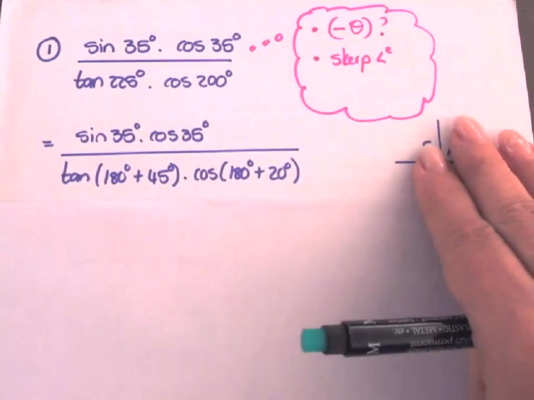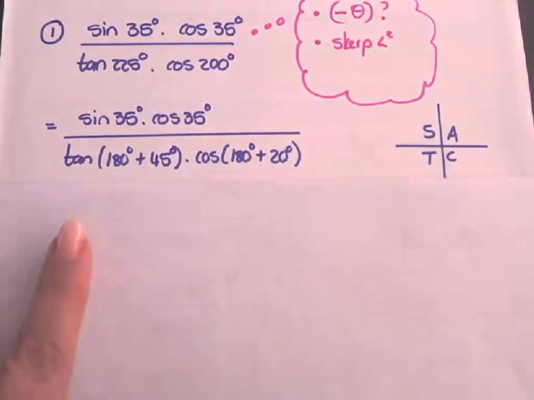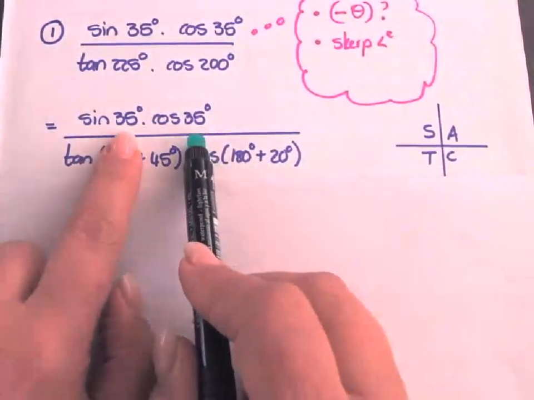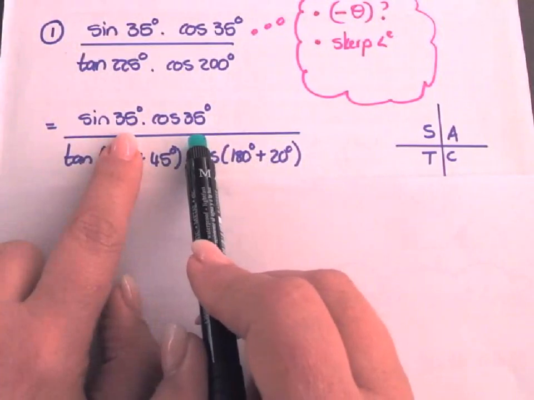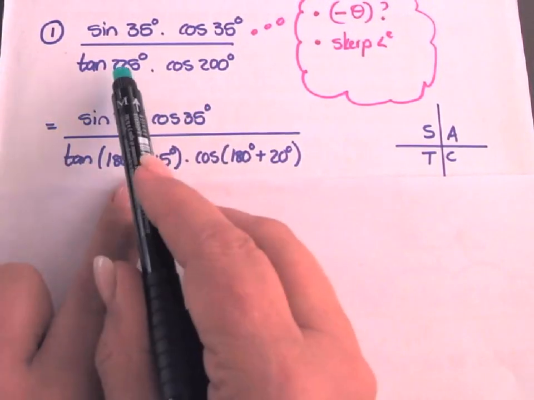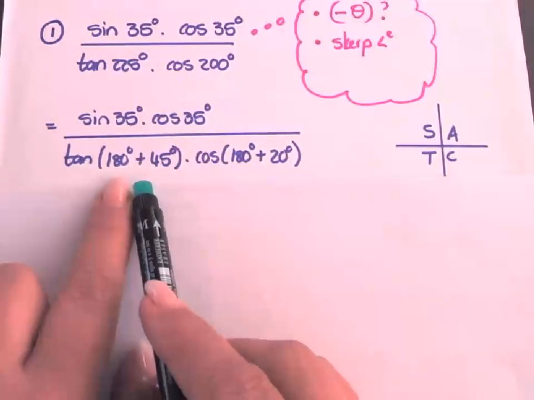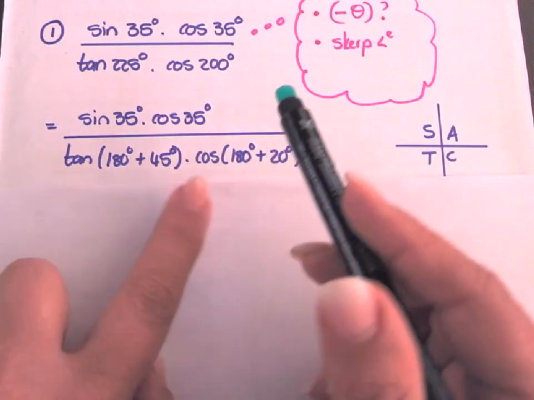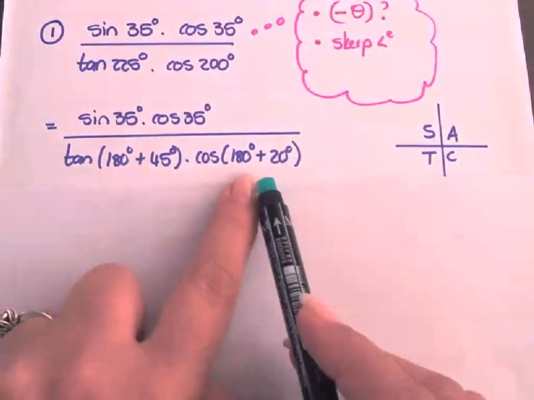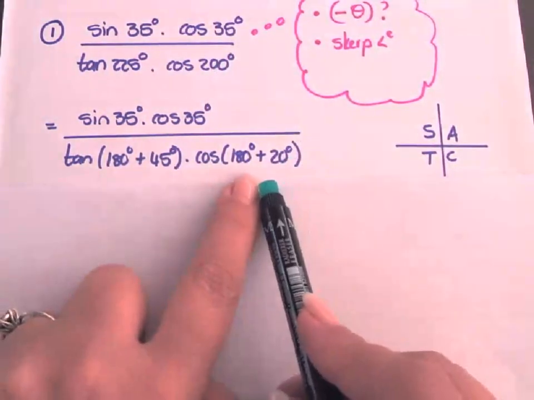So let's look at our first step. 35 is smaller than 90, so I'm fine with that. 225 can be rewritten as tan 180 plus 45. Reduction formulas. 200 is 180 plus 20.